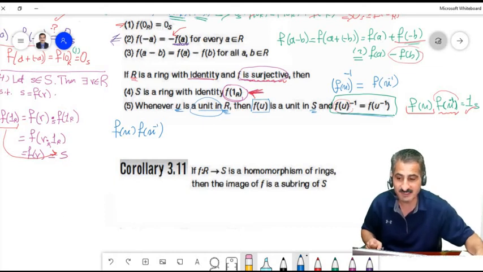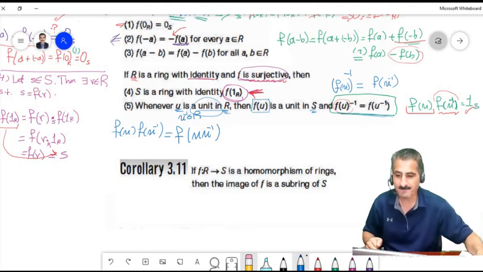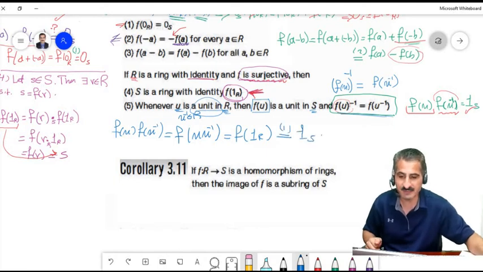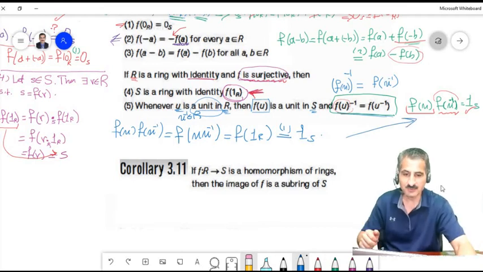Because we are assuming U is a unit. Now f is a homomorphism, so we can do that. But this is the identity of R, and by part 1 we know this is the identity of S, and then we are done with that. Okay, good.